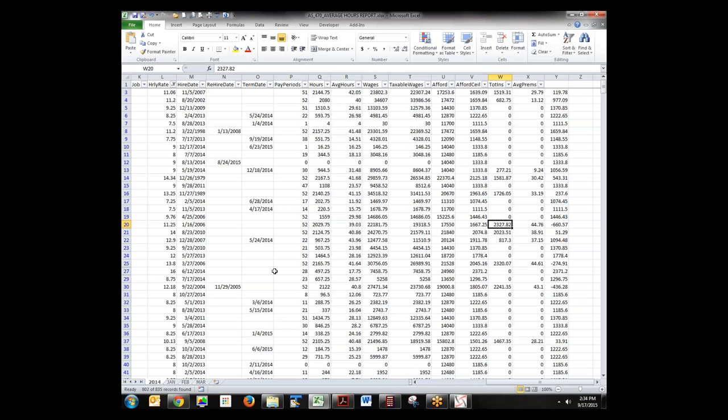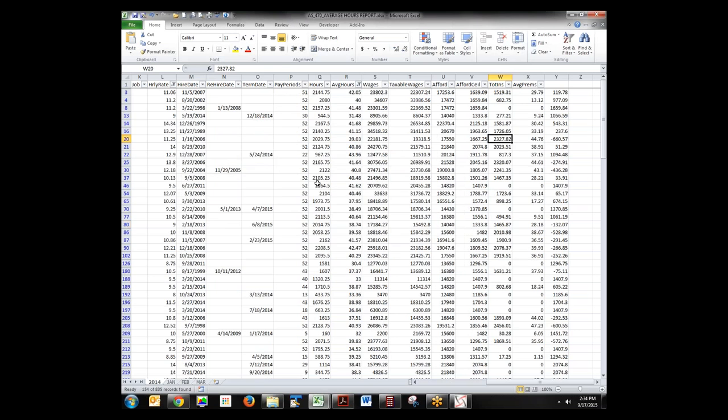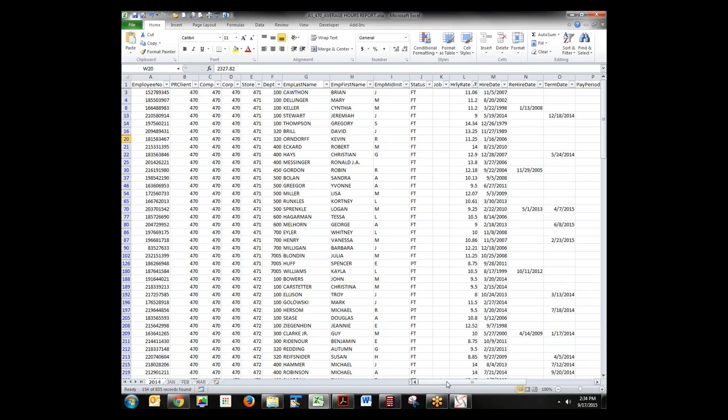That's where you're really just running it for the time periods that Bonnie was referring to, and then you're just looking for your employees with average hours greater than or equal to 30. So you're basically just saying, okay, everyone that's on this list had 30 or more average hours.